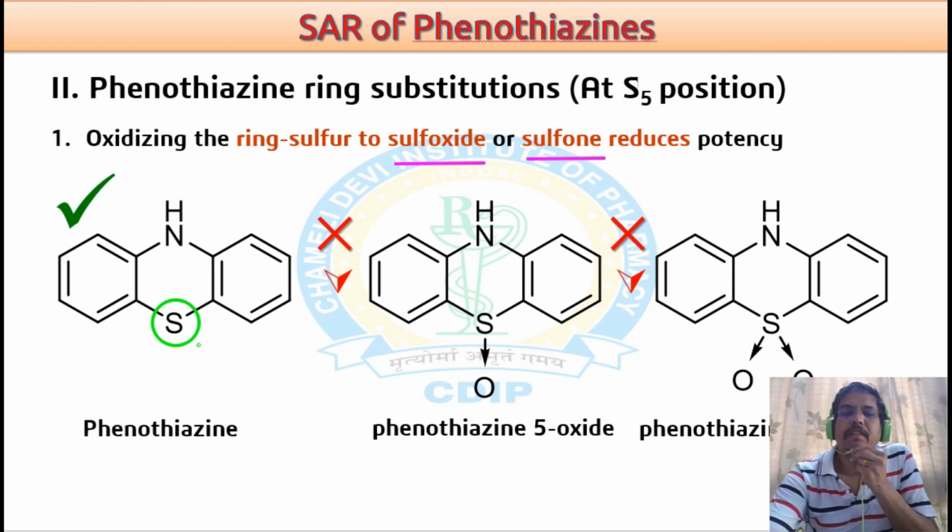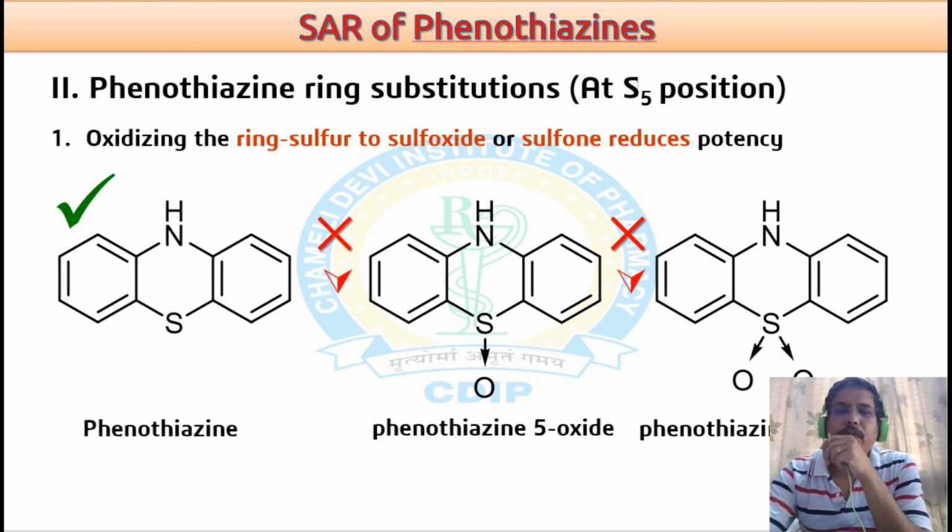Means we can't play with the sulfur. It is quite crucial for the activity because it takes a similar position as the hydroxy of the dopamine in the receptor site. So these things might somehow interfere with the binding patterns, and that's why the activity decreases.